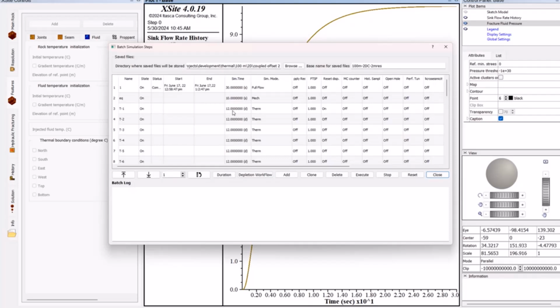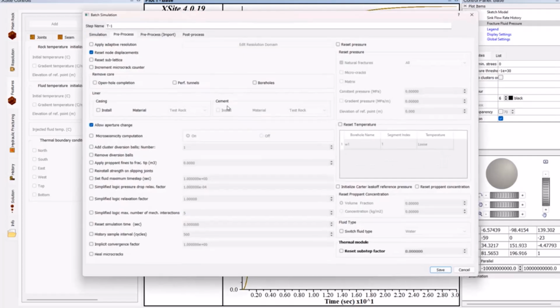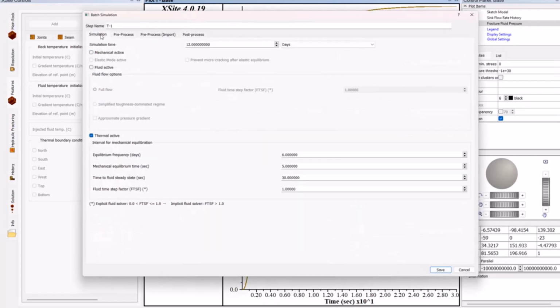Then also periodically, as a result of these temperature changes in the rock, we equilibrate the model to see the effect of temperature change on deformation and change in apertures. And then finally, we also run the model to steady flow. All these steps are carried out automatically, and how they are carried out is specified here in this window, in the setup of the batch process.